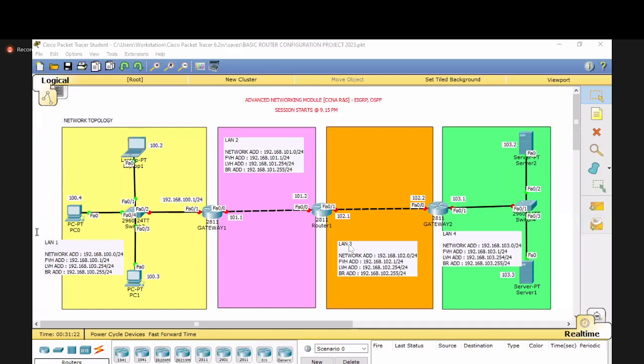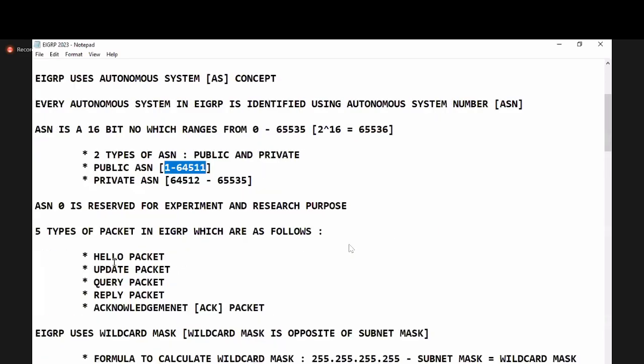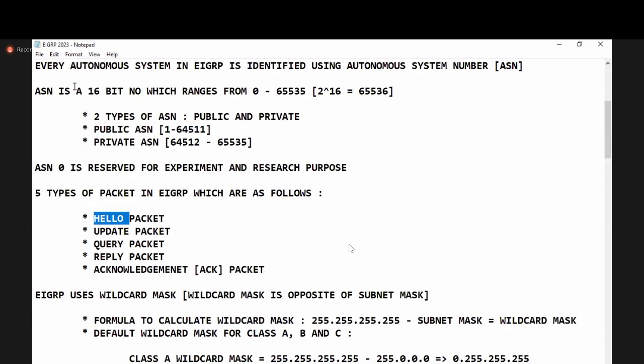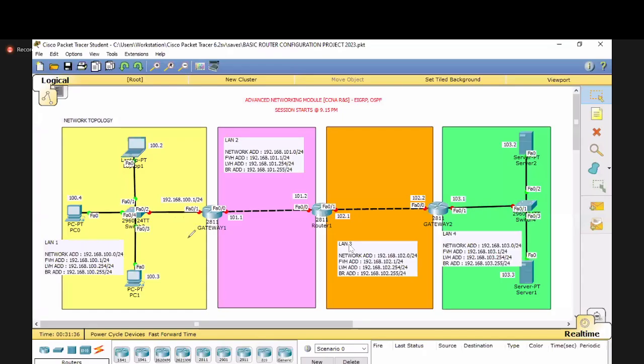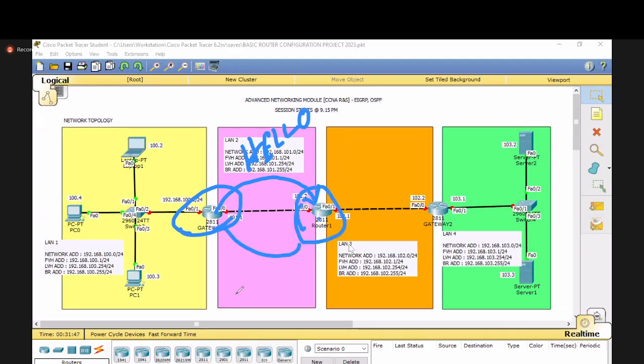So we have 5 types of packets in EIGRP. The hello packet is used to form a neighbor relationship. What happens here is that this router sends a hello packet to router 1, and router 1 sends a hello packet back to gateway 1.